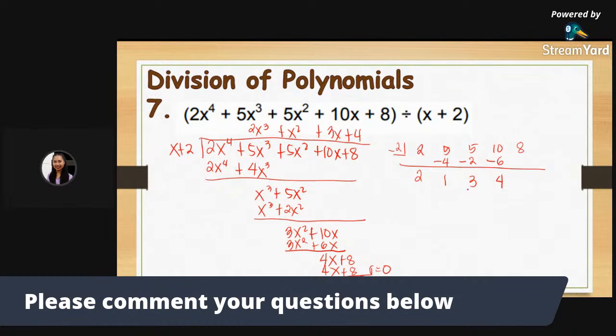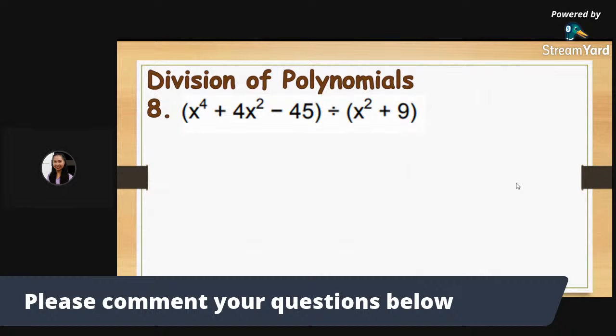Then we get 4. 4 times negative 2 is negative 8. Then our remainder is 0. Let's check the coefficients: 2, 1, 3, 4. Okay, that's correct. So 2x cubed plus x squared plus 3x plus 4.